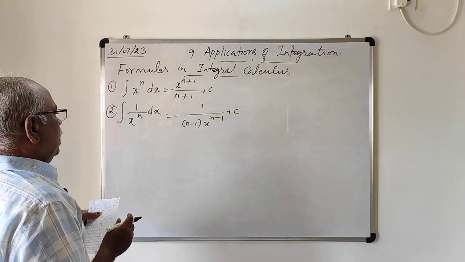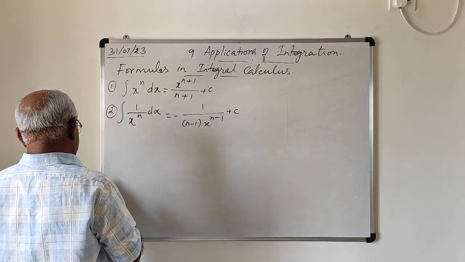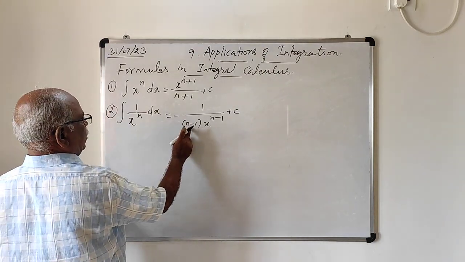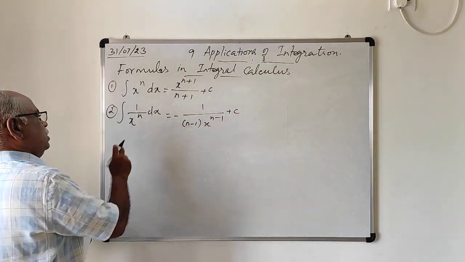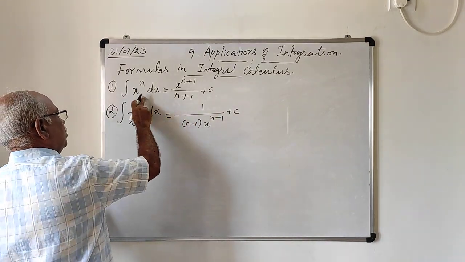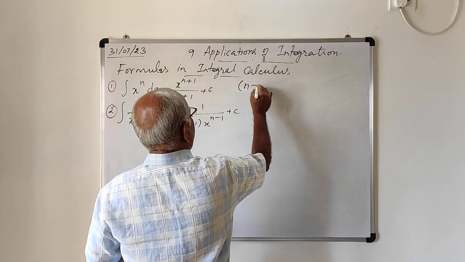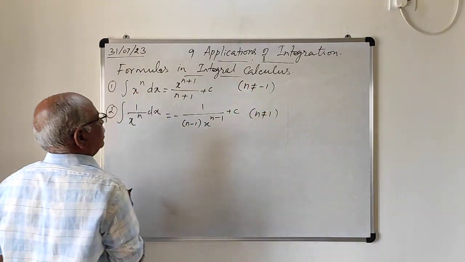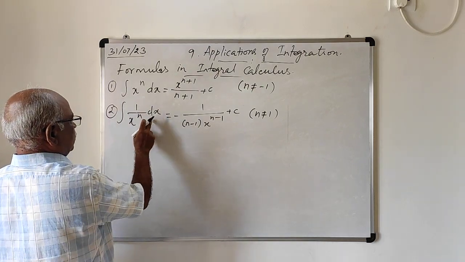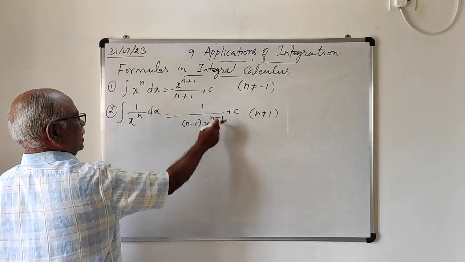Here n is not equal to 1. If n is equal to 1, 1 minus 1 is 0, and the result should not exist. So n should not be 1 here, whereas in the previous case n should not be minus 1. In this case n not equal to 1. So this is the result.